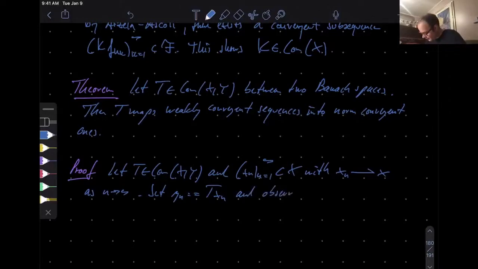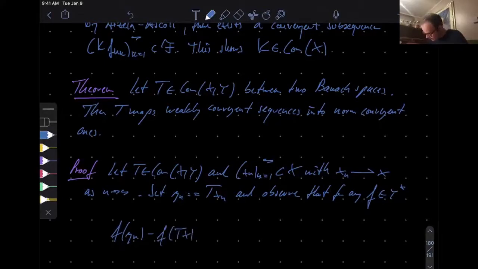You probably have an idea what something is, but first observe that for any linear functional f on Y star, we have f(y_n) minus f(T(x)). Now, because these are linear things, this is f(y_n minus T(x)), and now you use the dual transformation.